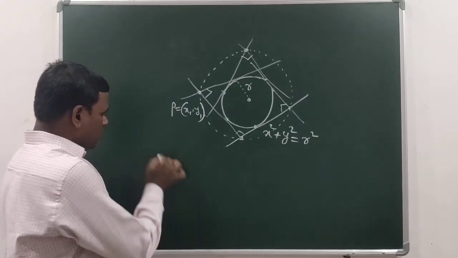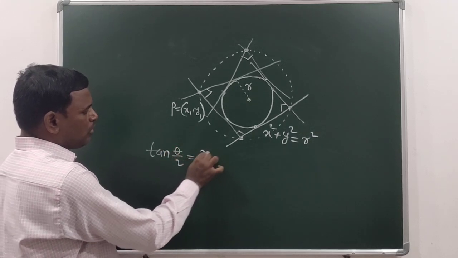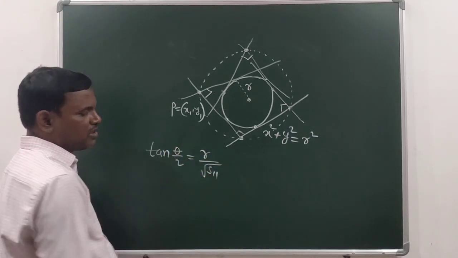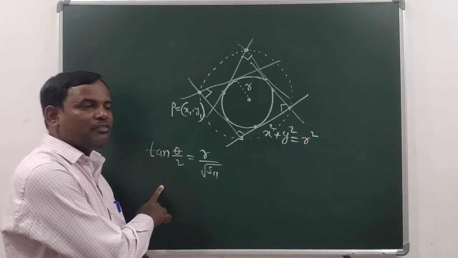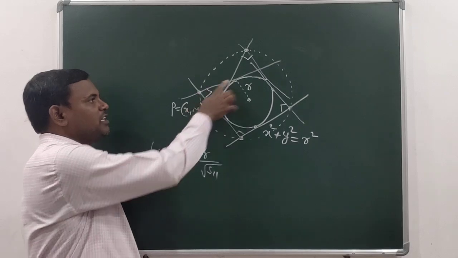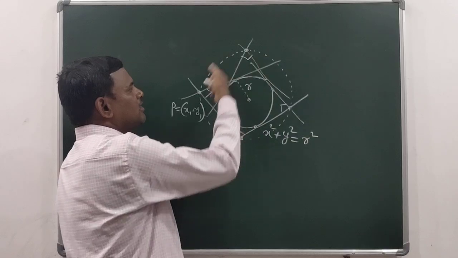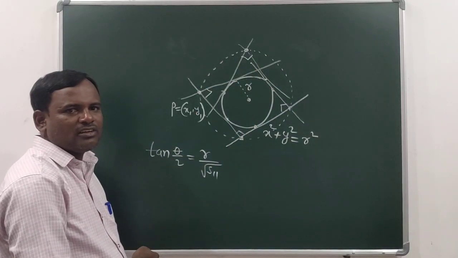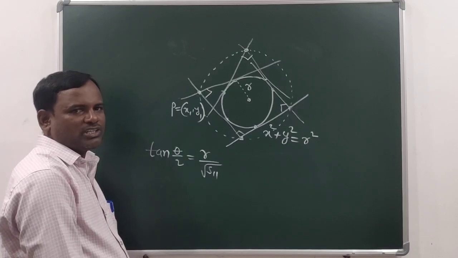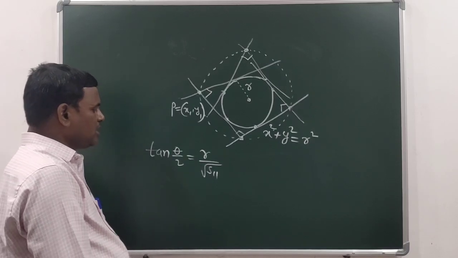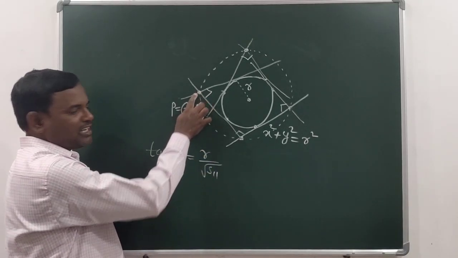You know this formula, tan theta by 2 which is equal to r by root s11. Generally we use this formula to find the angle between the pair of tangents drawn from an exterior point to the circle.